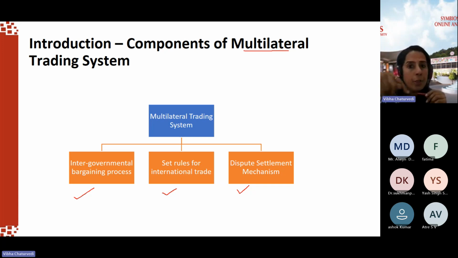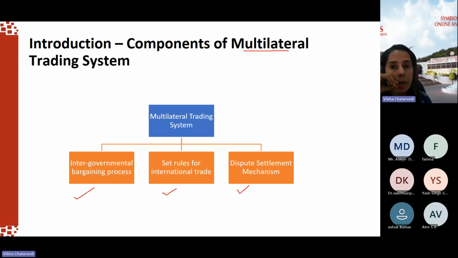Now, how it functioned was that it was not an organization headquartered at one location in the US or Europe somewhere. It was just a round of agreements that will be discussed among the signatories of this agreement, where the partner countries will negotiate to bring down tariffs on various goods that were being traded.